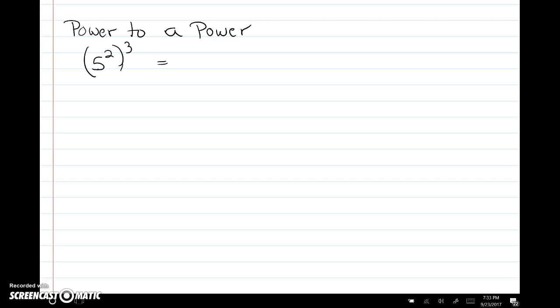So, 5 squared to the third means I have 5 squared times 5 squared times 5 squared. But 5 squared is the same as 5 times 5.